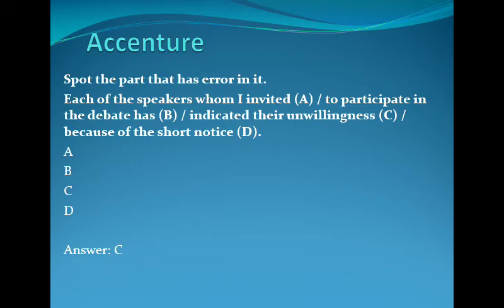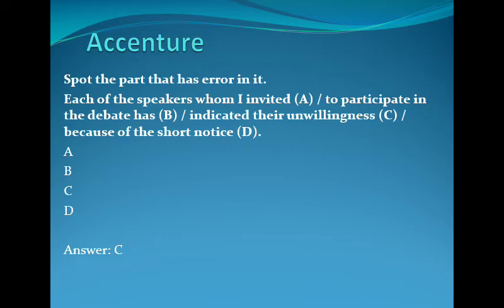So here it says you need to spot the part that has the error in it. So the statement that's given over there is divided into 4 parts, A, B, C and D. So basically there is a grammatical error in the sentence. So you need to identify which part has the error. So as it says over here, each of the speakers whom I invited to participate in the debate has indicated their unwillingness. Now, whenever you use each of the speakers, each refers to one person.